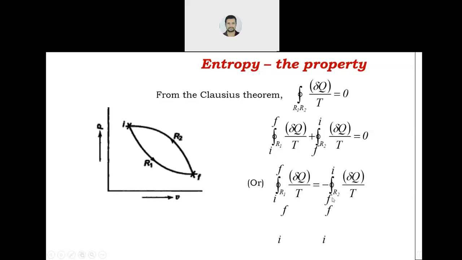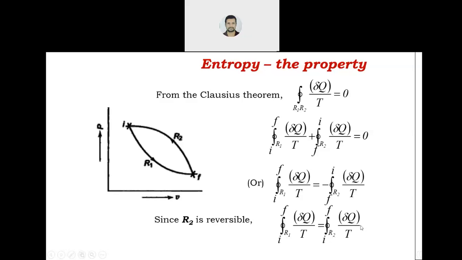Means in place of F put I, in place of I put F. R1 will be the same as it is, I to F dq by T, but for R2 it is now reversed to make it positive, I to F. So R1 is from I to F, R2 is also from I to F. Whatever path or process you follow, the integration of dq by T from I to F is the same in the case of R1 as well as R2.